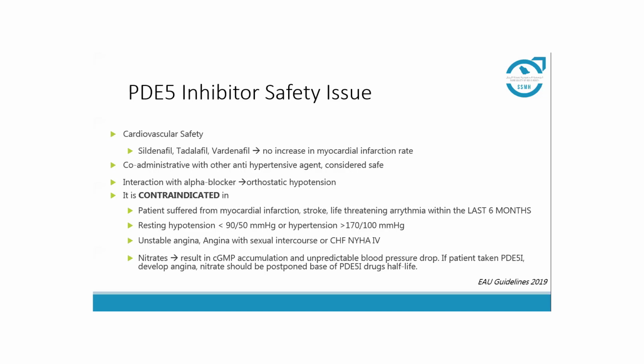It is considered, as I said, contraindicated in any patient who's taking nitrate, or a patient in a high risk group, whose cardiac risk is high. Then it's also contraindicated, not because of the medication itself, but because of the sexual activity, which may subsequently cause a heart attack or a problem for them.